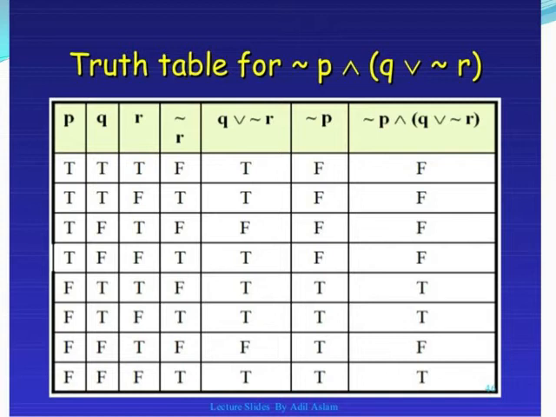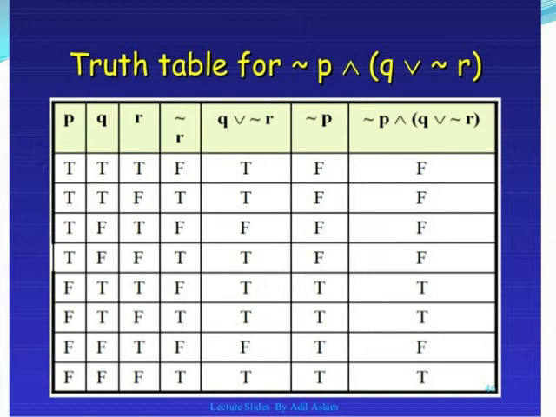Then in the proposition we can see negation R, so a column should be added for negation R. Then a bracket is given here for Q, disjunction, negation R. Q is also written here. Then we have to write negation P. Then the combination Q disjunction negation R; a column should be made for that.